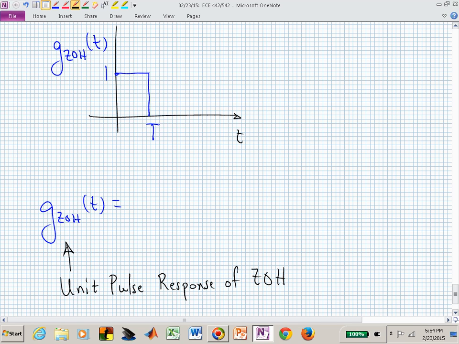How would you write that unit pulse response? If it didn't stop at capital T, it could just be a step response, couldn't it? It could be little u of t, where u of t is now our step input, not just a generic input.